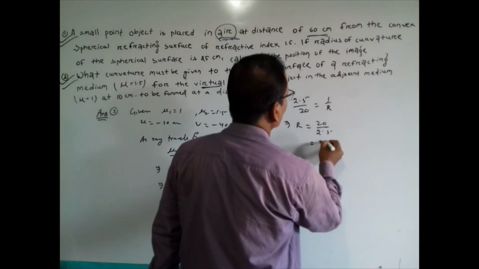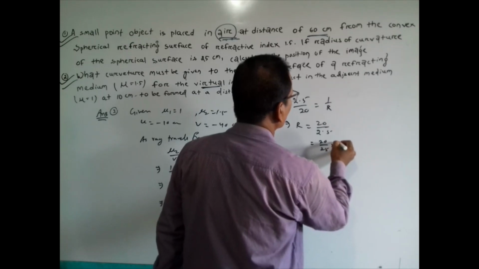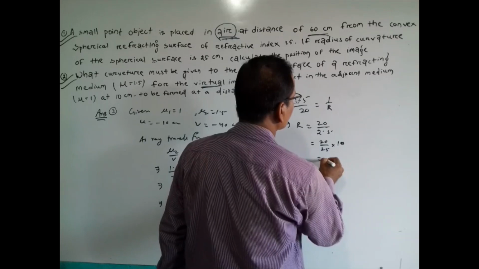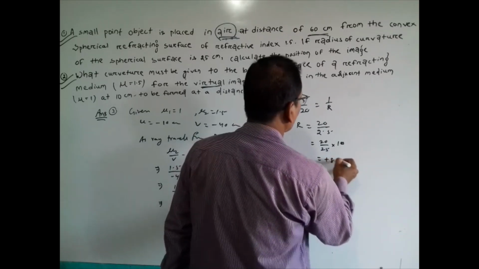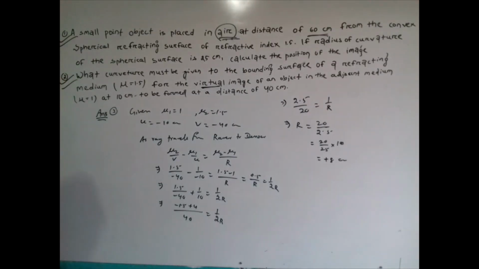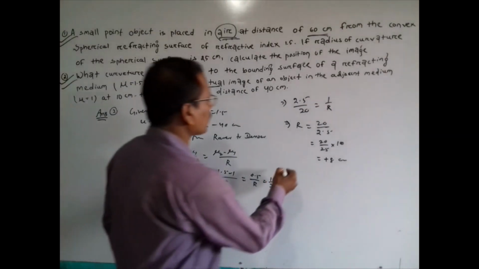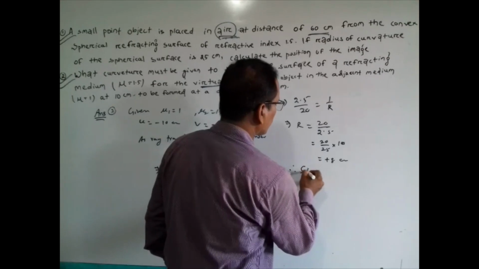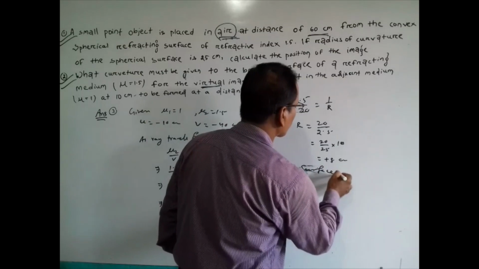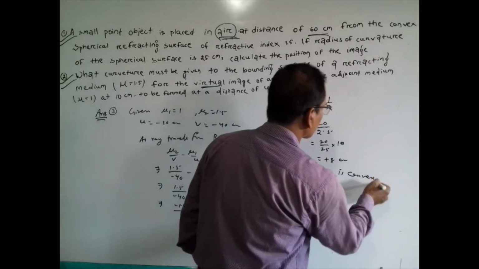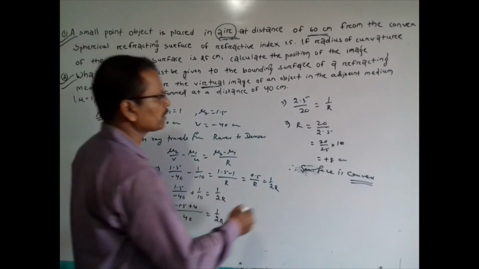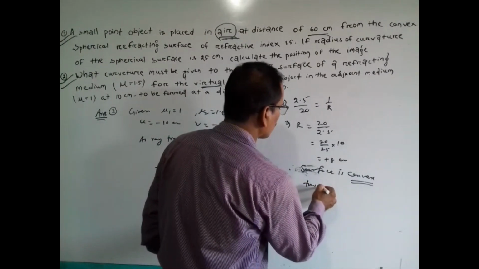Simplifying, 20 by 25 into 10, so your answer is plus 8 cm. Since the sign is plus, the surface is convex.